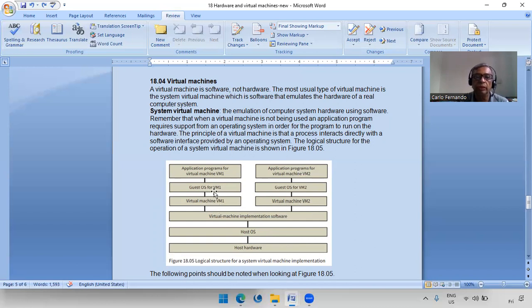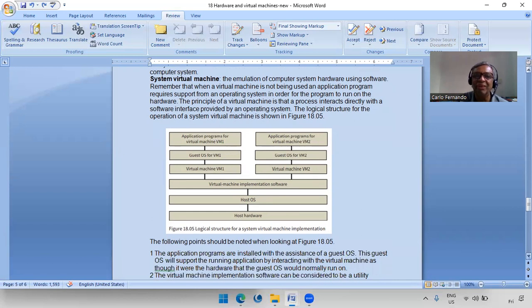So there is the guest OS for VM1, the guest OS for VM2, and all the applications that you need to operate. The application programs for VM1 are there, and the application programs for VM2 are there. So two machines working side by side inside one machine.